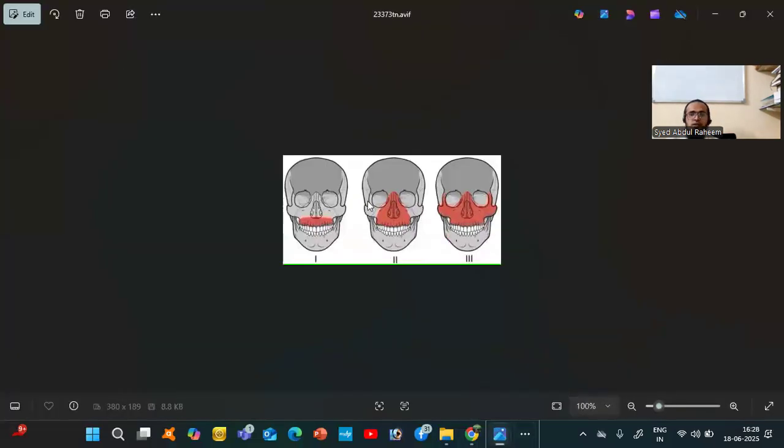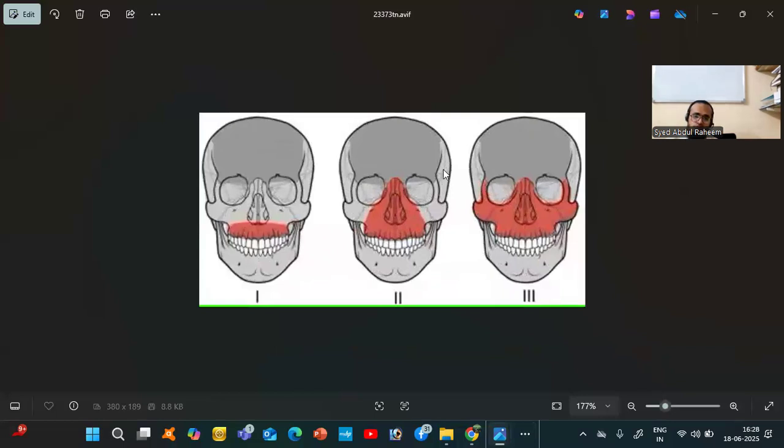So these are the facial bones. You can have a fracture anywhere: temporal fracture, orbital fracture, nasal fracture, mandible fracture, maxillary fracture, teeth fracture or teeth falling down. So anything can happen. Nowadays cisternography is also there, and 3D images are also coming.